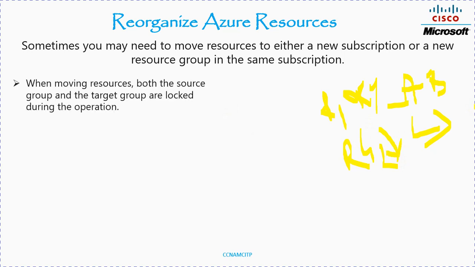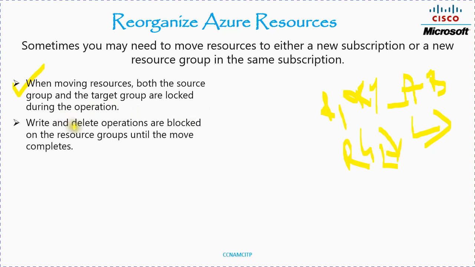So guys, when moving resources, both the source group and the target group are locked during the operation. Make a note of this. If you are moving a resource from one resource group to another, in this operation both the source and target groups are locked. Next point, write and delete operations are blocked on the resource group until the move completes.